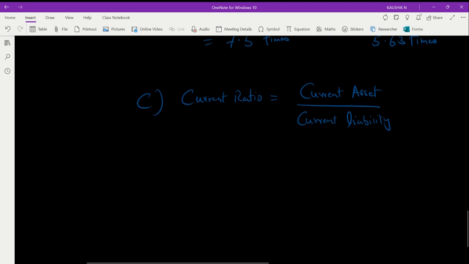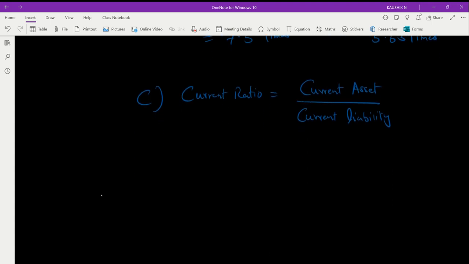Now in this segment, they said the current ratio of the company is given as 2.5 times, and the current asset is amounting to rupees 17 lakhs. Sorry, so the current liability you have to find out. Now what can be done? Just cross multiply: 2.5 current liability is equal to rupees 17 lakhs.